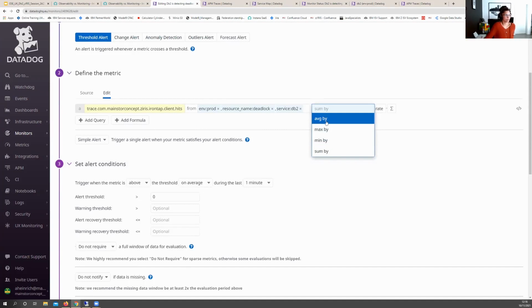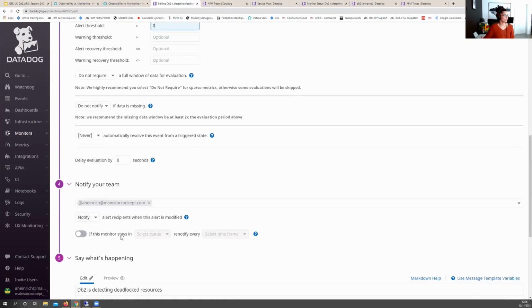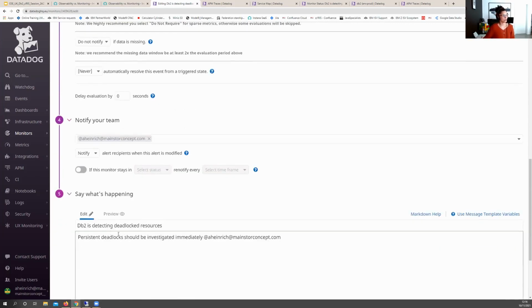I think you can also provide averages, maxes, mins, and so forth. And then you can define how to consider this an alert. The alert threshold is at 0, 1, 2, 3, 5 times before we get alerted, or do I want to be alerted on the first time it occurs? Who should I notify in that case? And what should I say when I notify? So that's how you would do it in Datadog, but again, it depends on the tool you're using. I hope that answered the question.